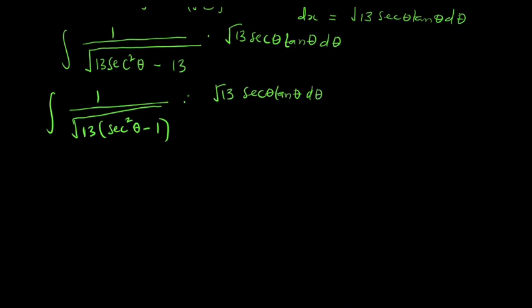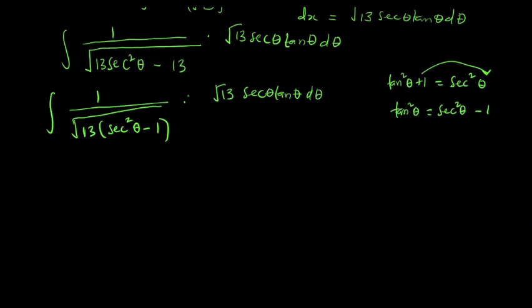So from trigonometry identities, you know that tan squared theta plus 1 equals sec squared theta. So tan squared theta equals sec squared theta minus 1. If I transfer this one to the right hand side, I'll have sec squared theta minus 1 equals tan squared theta at the left hand side, right?